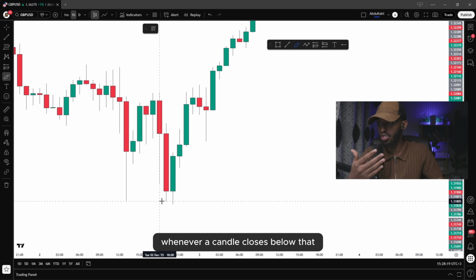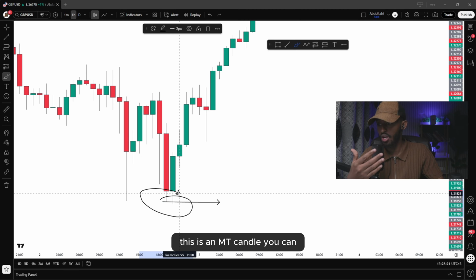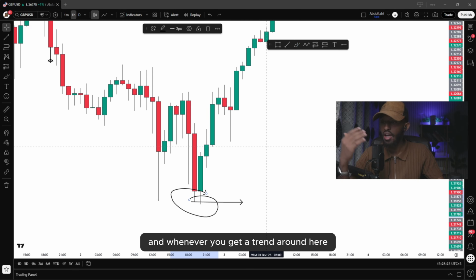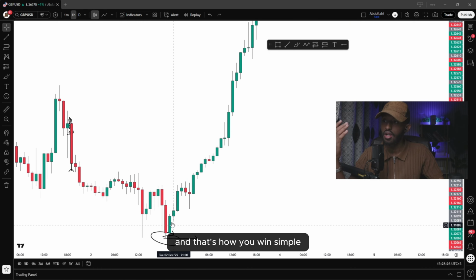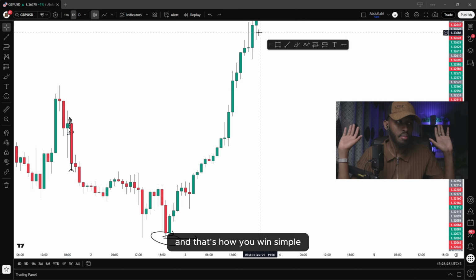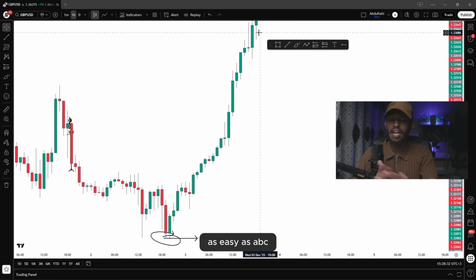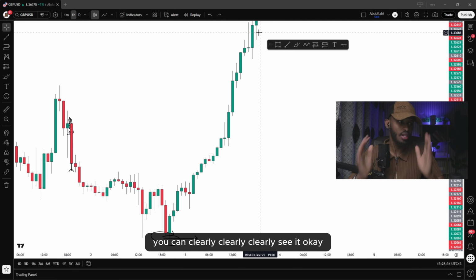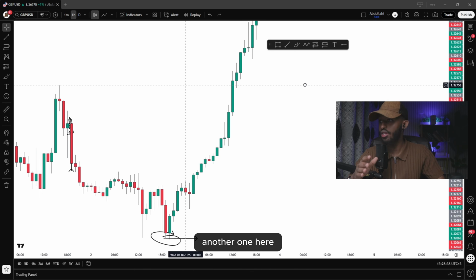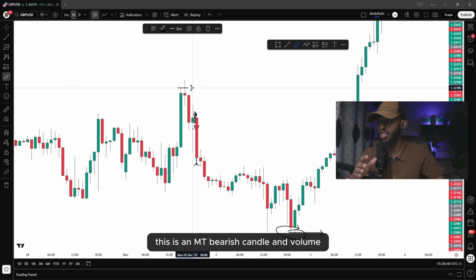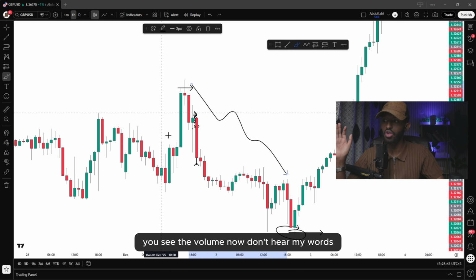Whenever a candle closes below that, this is an empty candle. You can particularly see, and whenever you get a trend around here, that's how you win. Simple, clear, as easy as ABC. You can clearly see it. Okay, another one here. This is a bearish empty candle, and you see the volume.